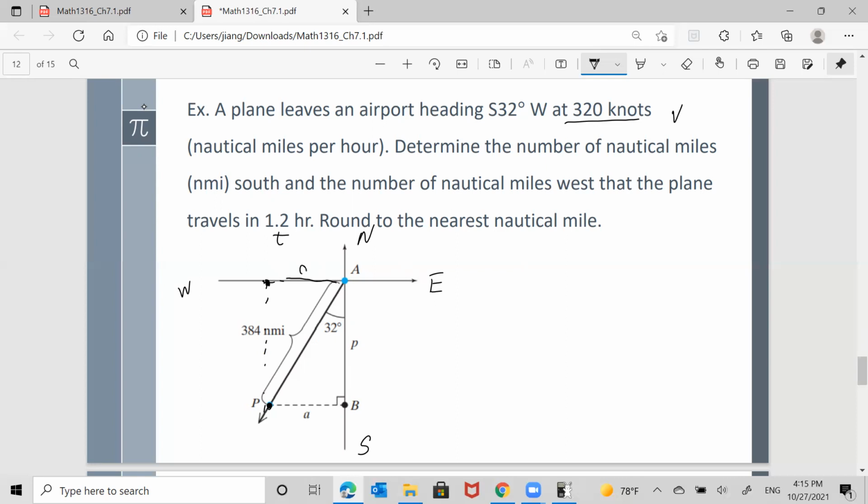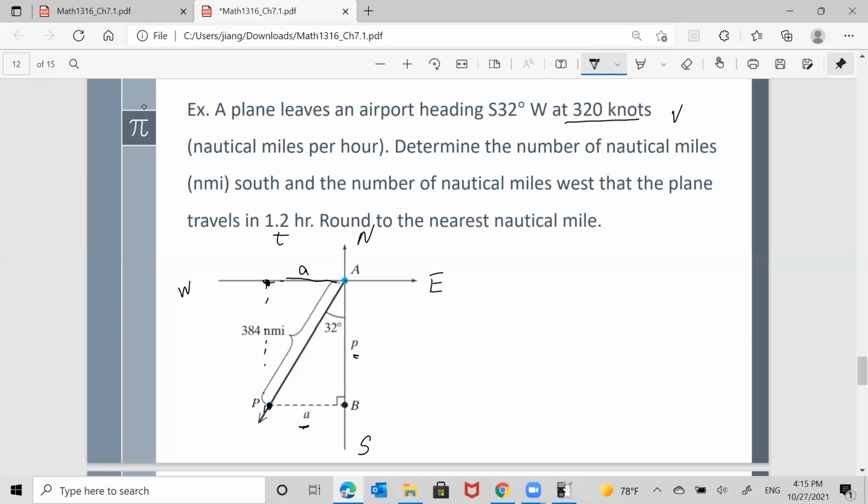For example, the distance from here to the west is A. I can move this part here. So if we are looking for A and P, we move A and P into the same right triangle, and it has the given angle and one hypotenuse. So we can find the A and P.